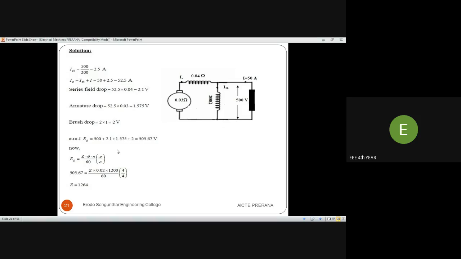Finally we get the generated EMF value, 505.67 volt. Then another parameter we have to determine is the armature conductors. Based on this formula, we can get the total number of armature conductors Z equal to 1264 armature conductors.